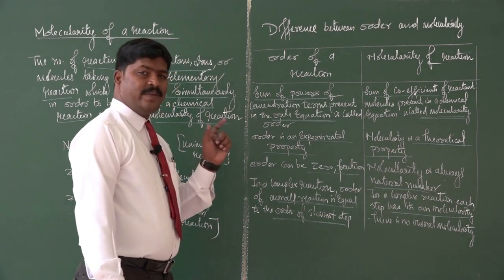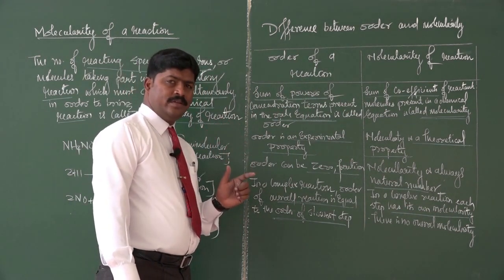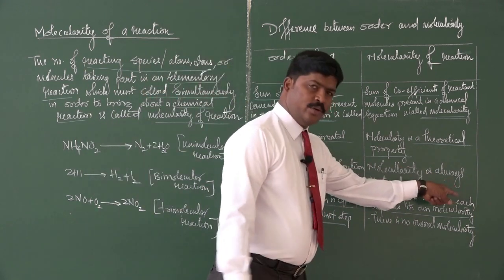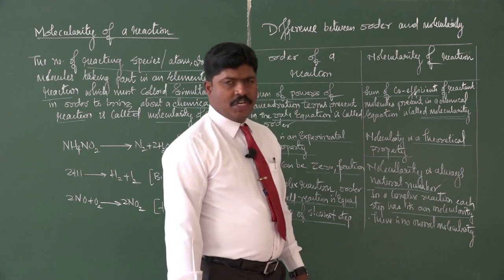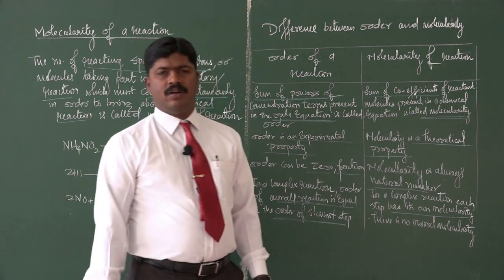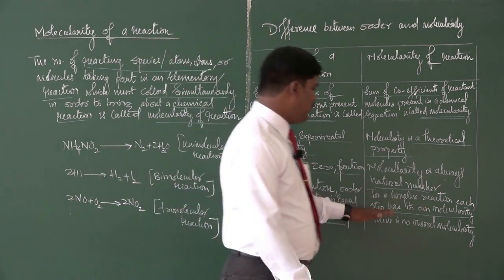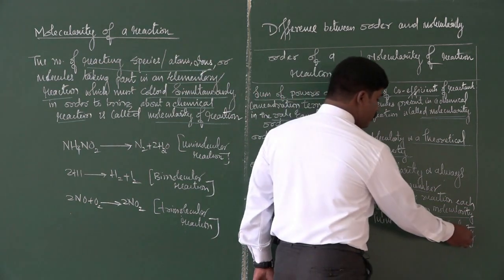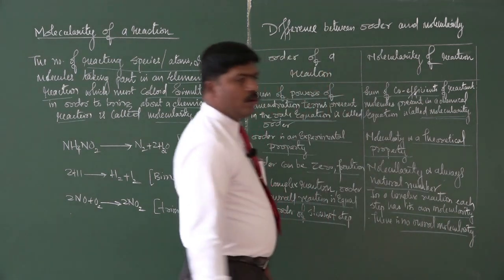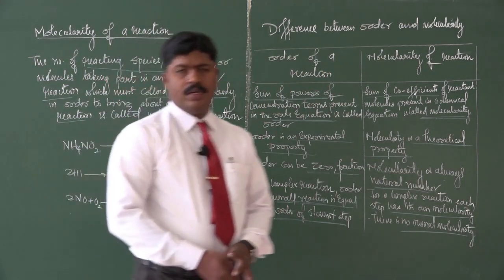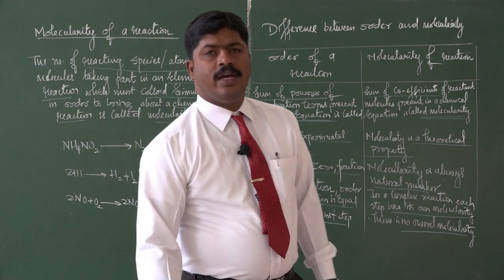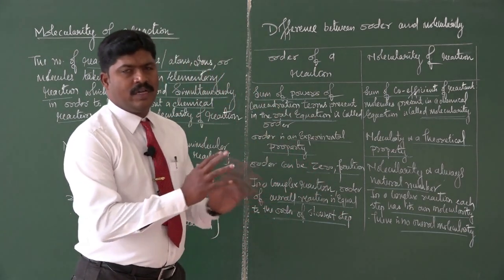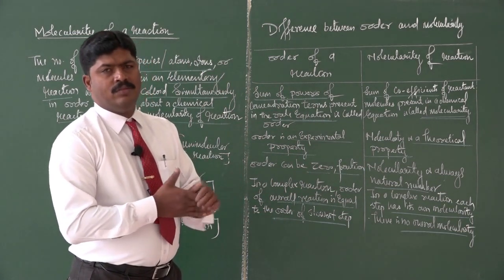Order is like one step deciding the rate, and for that rate you write the order. A complex reaction, as I told you, is a sum of a sequence of elementary reactions. In a complex reaction, each step has its own molecularity. There is no concept called overall molecularity. So, this is the main difference which we try to bring about between order and molecularity.